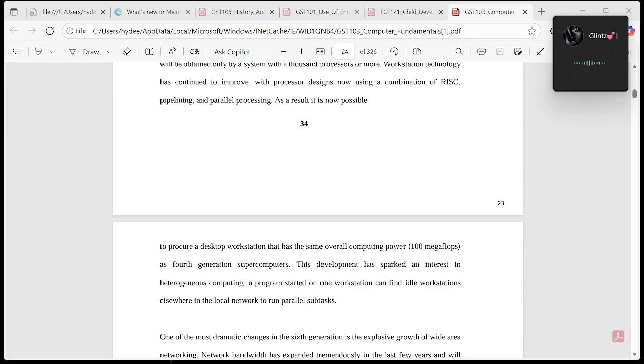Okay, the major technological shift was the replacement of vacuum tubes, because the first generation used vacuum tubes. In the second generation, they used transistors. So the major technological shift was the replacement of vacuum tubes with transistors as the primary electronic switching component.